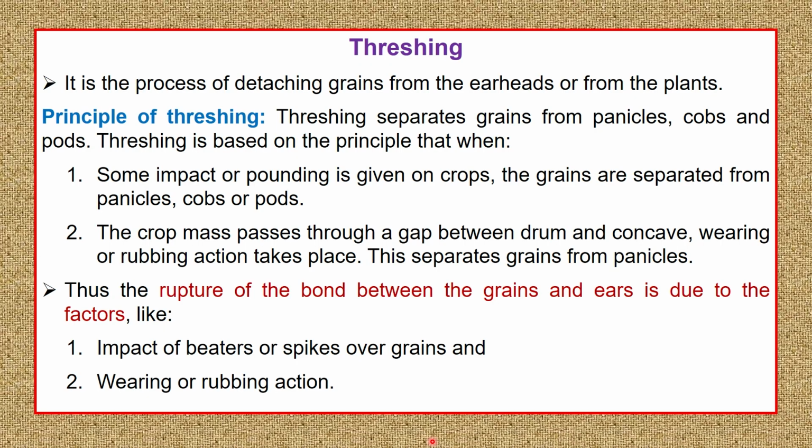Whenever there is an impact or a beating action over the crop, the grains get detached. Whenever there is wear and tear, or a wearing or rubbing action, in such cases also the grain will rupture, and that's how they detach from their ear heads or from their cobs.